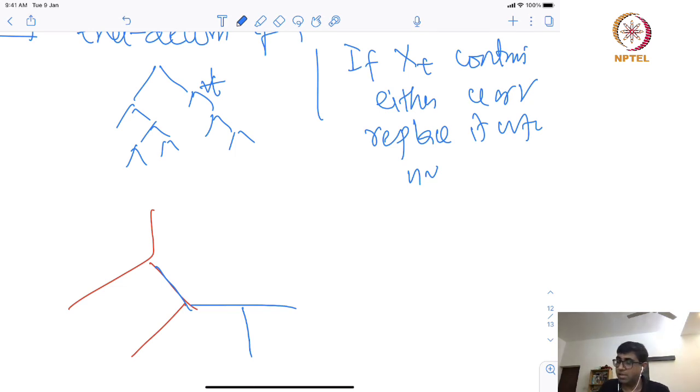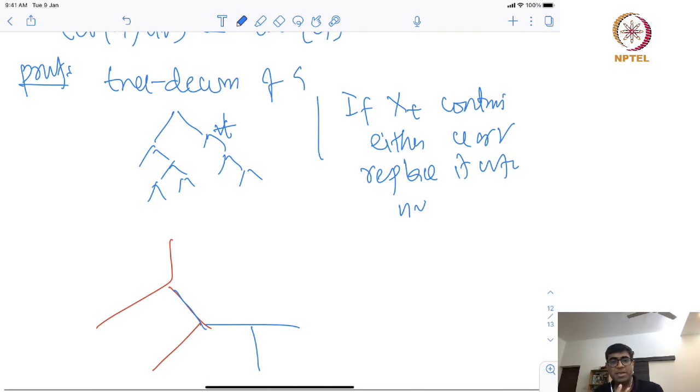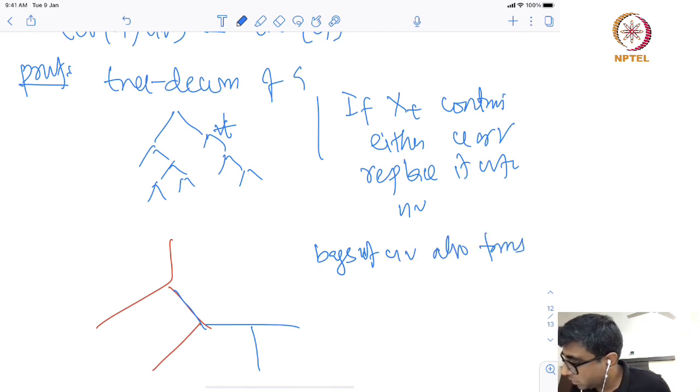Why? Because uv was an edge, so there is a bag that contains both u and v. It means there is a bag which is common to the red and the blue subtrees. If two connected things intersect, their union is connected, which implies that the bags of uv also form a connected subtree.